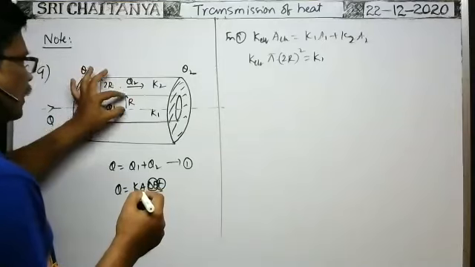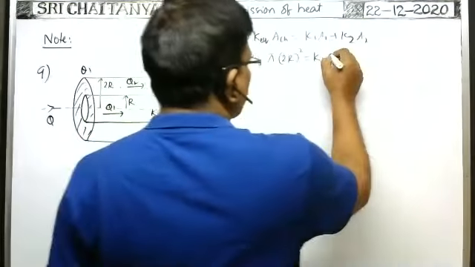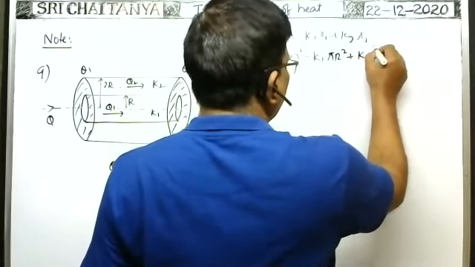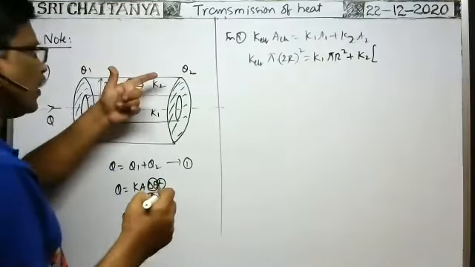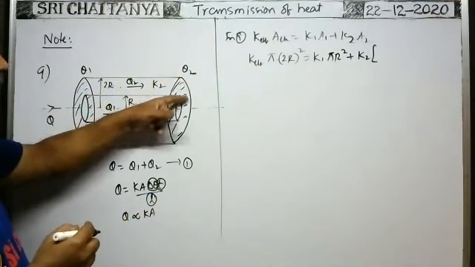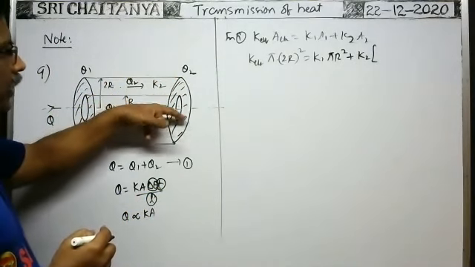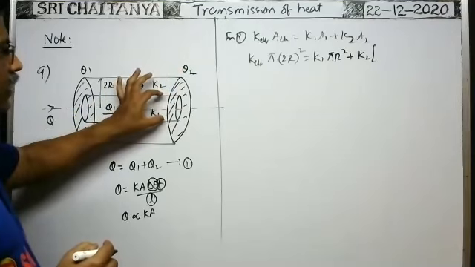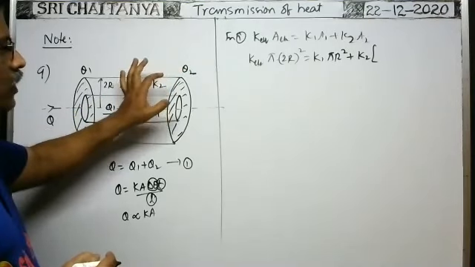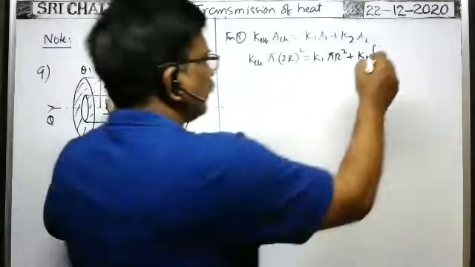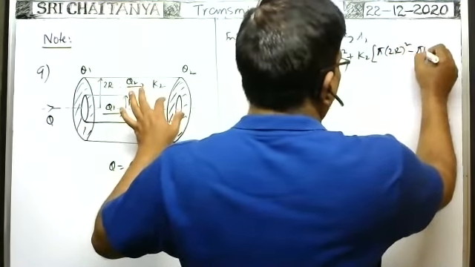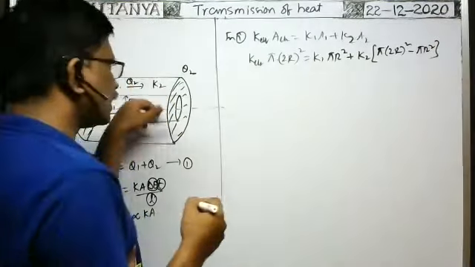As the radius is r, the cross section area is pi r square, plus K2 into the area of cross section of the cylindrical shell, that means the shaded part only. From the total area of cross section you subtract the area of the inner cylinder. That is pi into 2r whole square minus pi r square. That gives the area of cross section of the shell only.